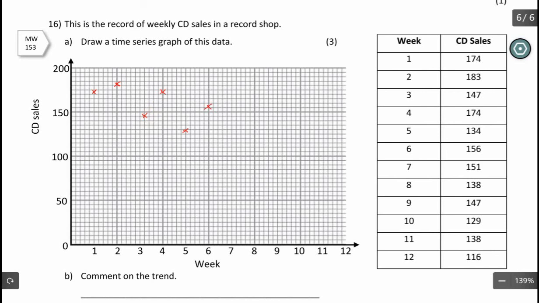Week 7 is 151. Week 8 is 138. Week 9 is 147. Week 10 is 129. Week 11 is 138. And week 12 is 160.